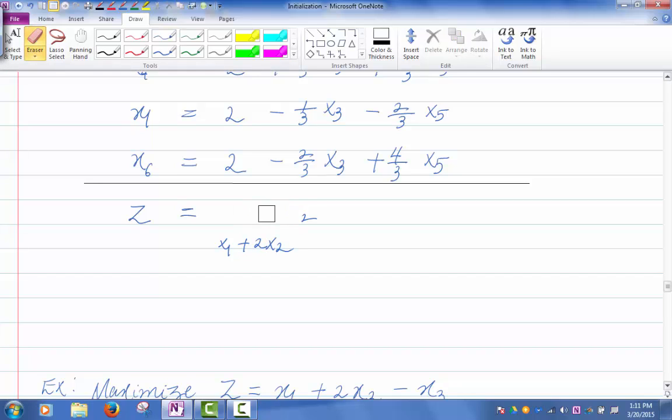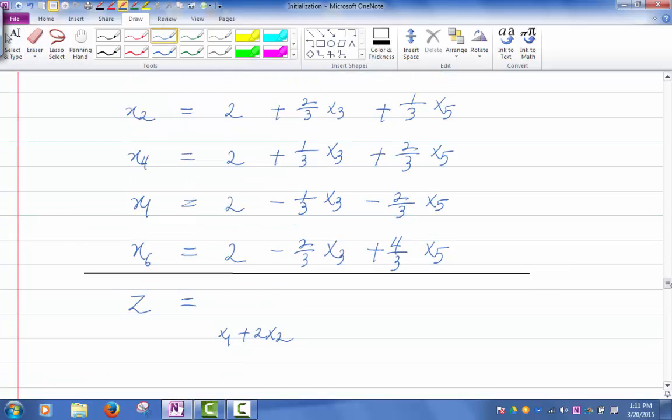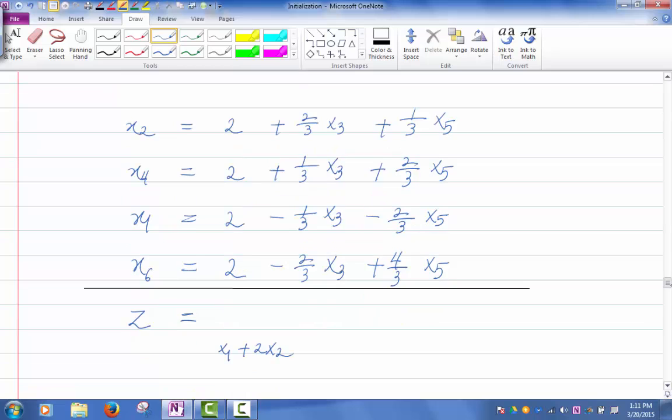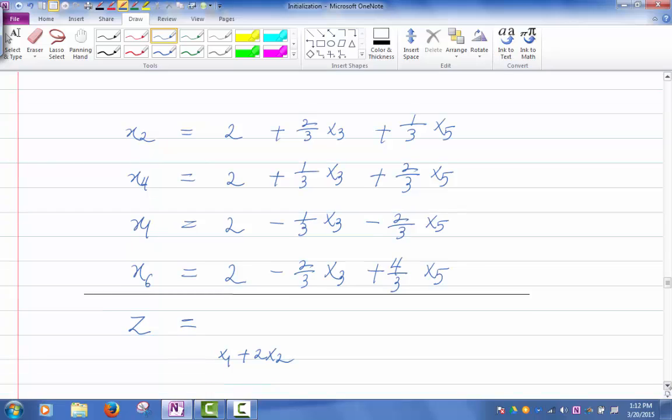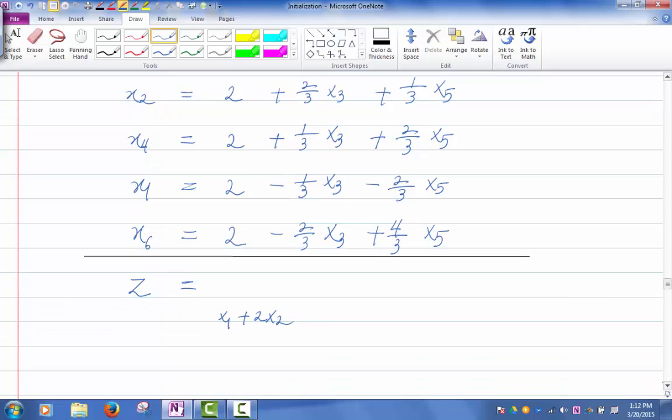Now, again, you get a feasible dictionary for the original problem by deleting the column for the auxiliary variable and keeping all the other columns, and then you have to change z. Original problem z was x1 plus 2x2. So what you're going to do there is that in the dictionary, x1 and x2 are basic, right?